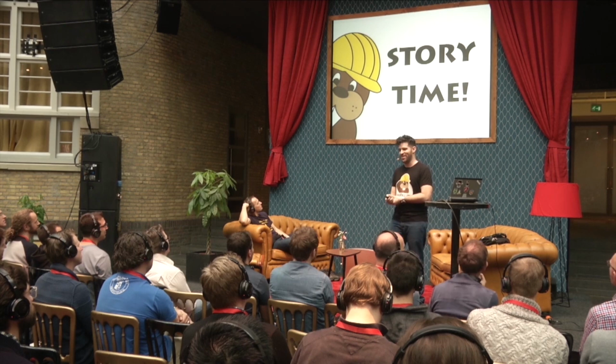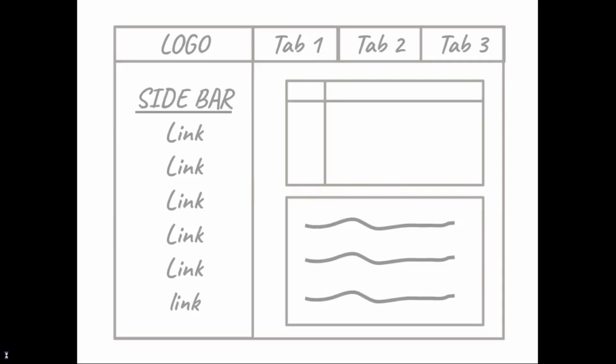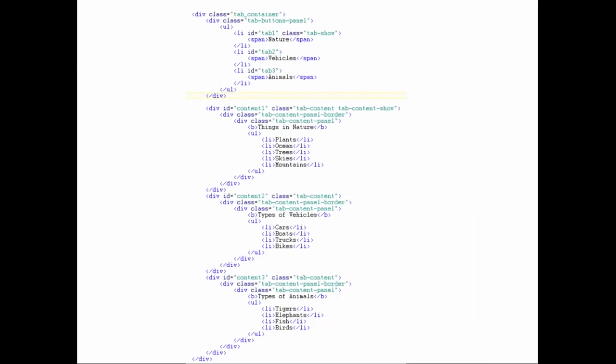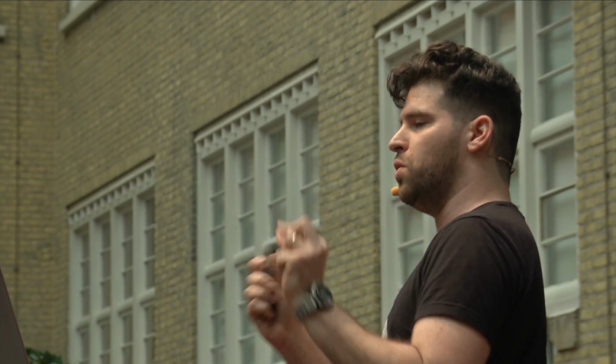Another story. Back in the old days, we used to write web applications with big templates and one JavaScript file with thousands of lines of code. Then frameworks like Angular came along and gave us MVC frameworks and tools we can use.